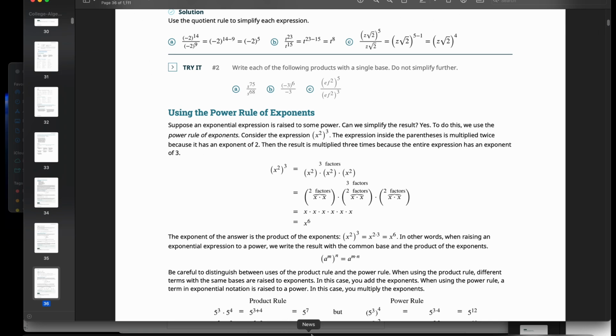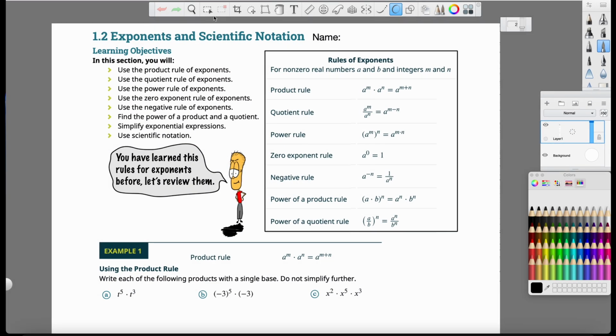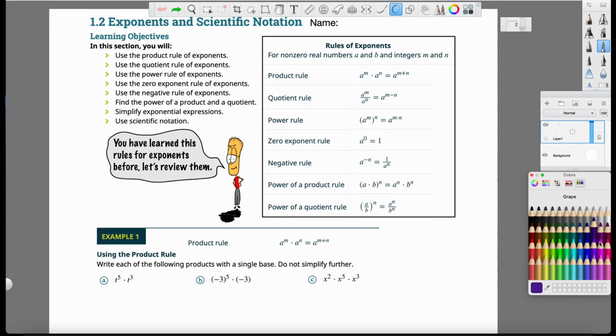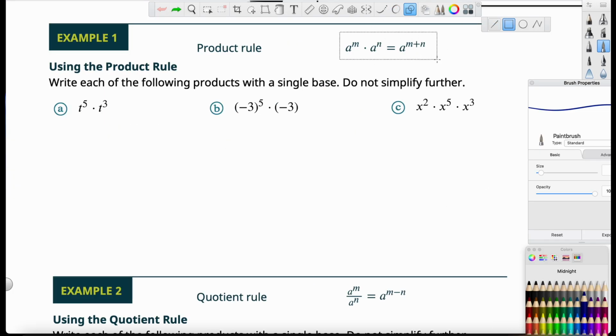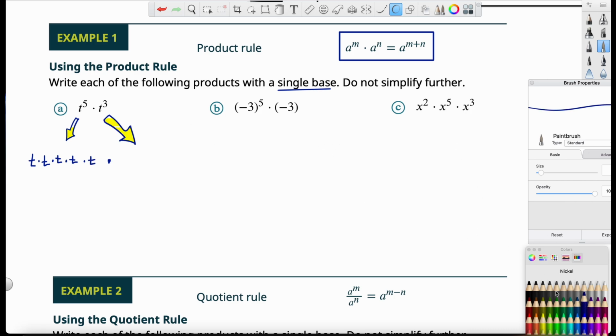Let's take a look at our first rule, the product rule. Notice it's important for all of our bases to be the same for these rules. So for this one, we have a to the m times a to the n. Expanding the powers, we can count and see that we have 8 of them, so this would be t to the 8th.